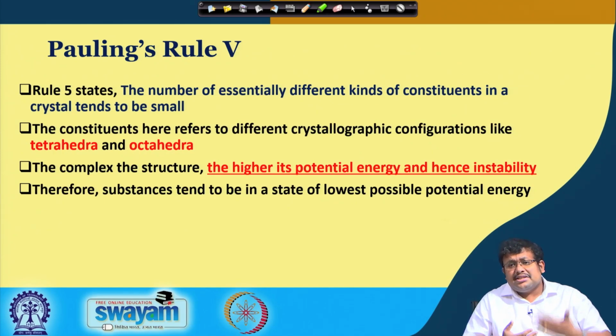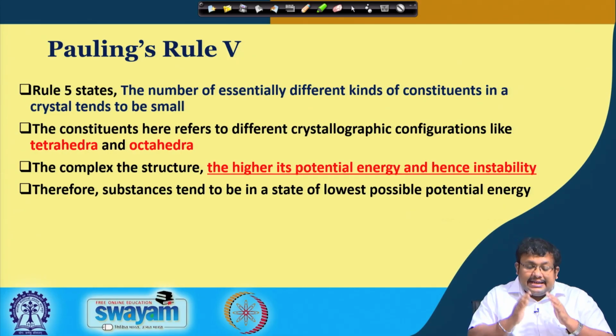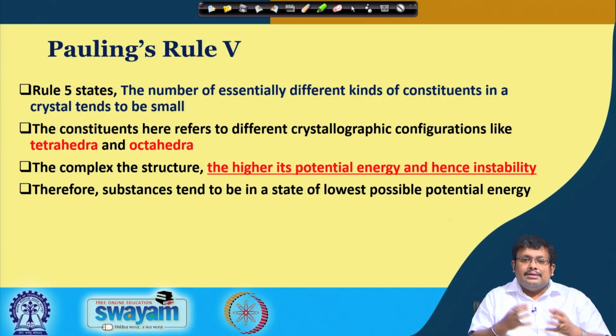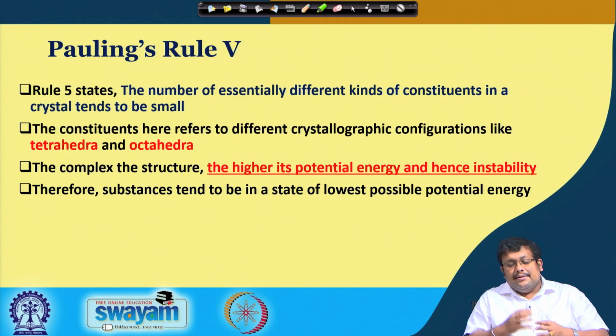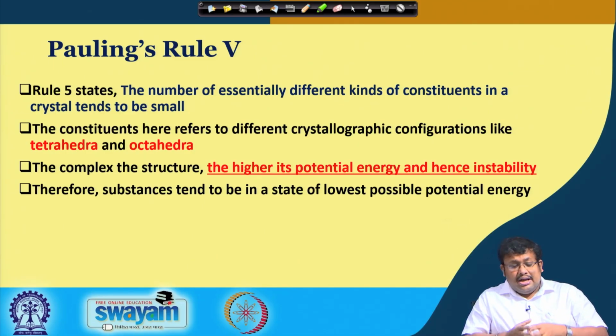Now, let us see the last rule which we will discuss today, that is Pauling's rule 5. Pauling's rule 5 says the number of essentially different kinds of constituents in a crystal tends to be small. So, obviously the constituents here, by mentioning different constituents, basically means the configurations like tetrahedra and octahedra.